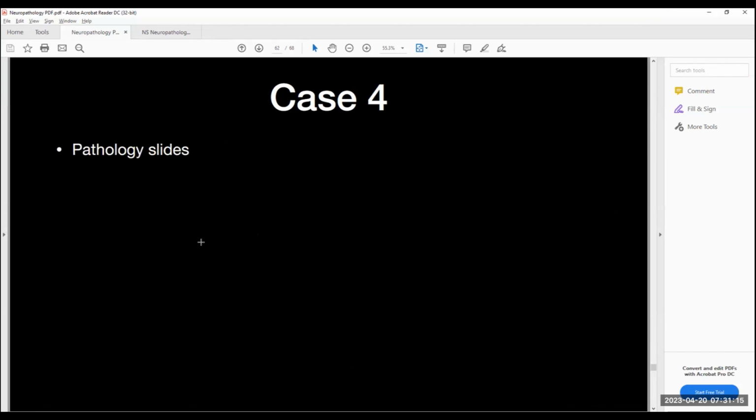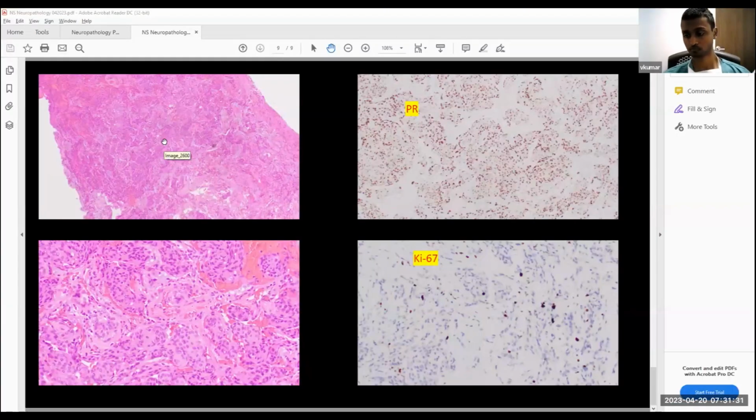Yep. Let me pull up the slide. Again, low power shows a moderately cellular tumor.